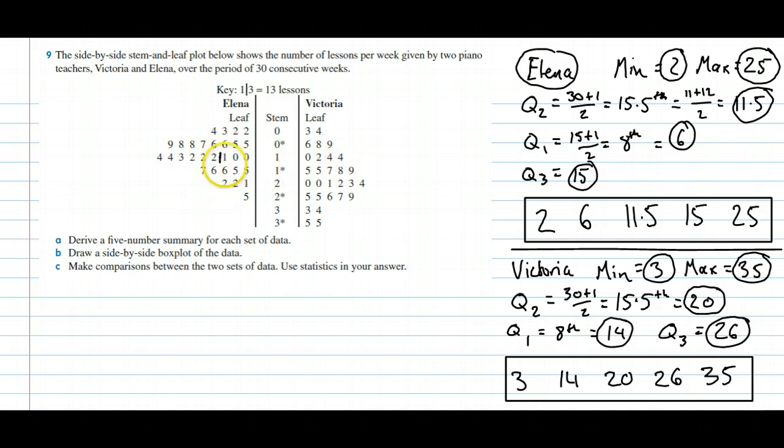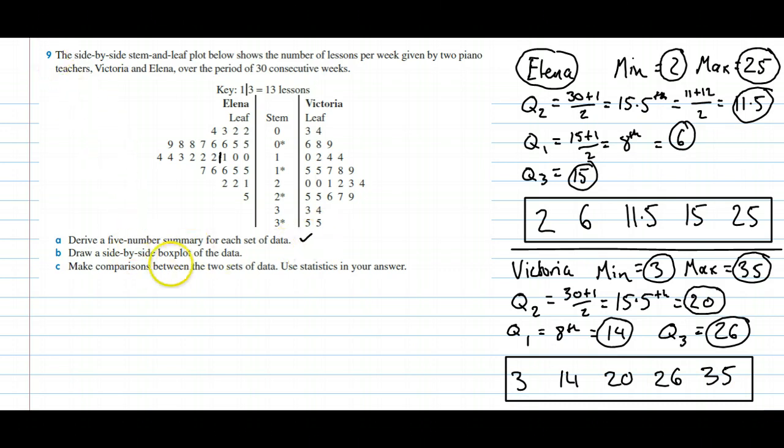So we found the median, and then to find Q1 and Q3 we just had to find the 8th value in the upper half and the 8th value in the lower half. We ended up with this 5-number summary for Elena, and following the same process we ended up with this 5-number summary for Victoria. So that's the 5-number summaries.